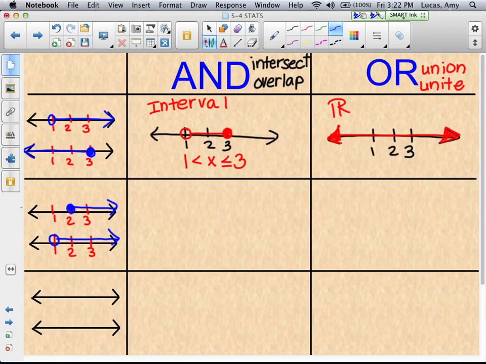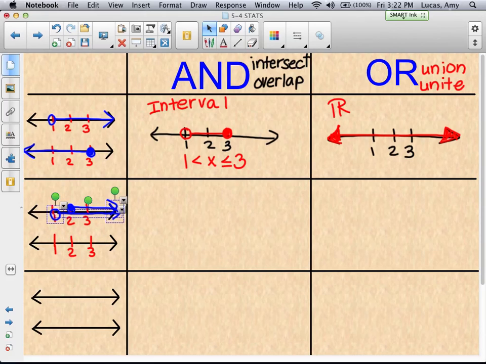Now, if the word separating my inequality is and, I'm looking for where these rays overlap with each other, what they share. So if I slide them, I can see that what they share is going to be from 2 and higher.